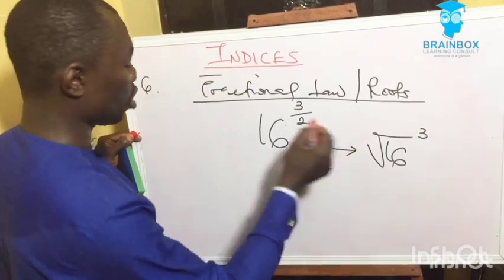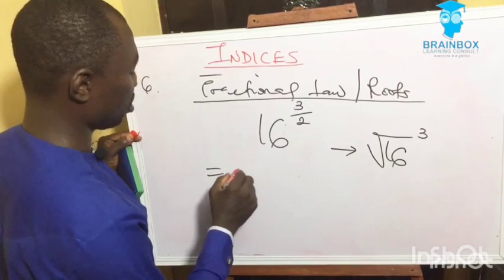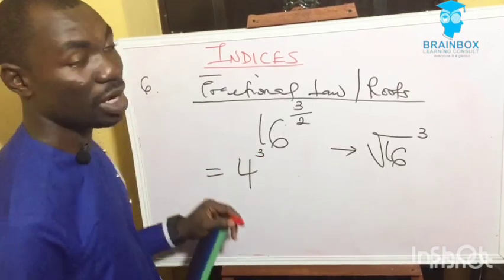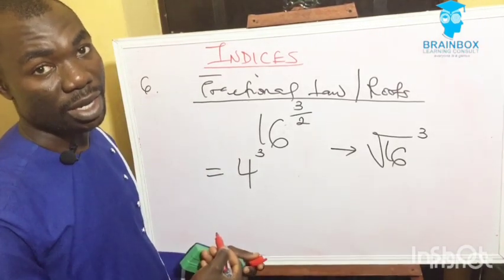That's the meaning. So what's square root of 16? That's 4 raised to the power of 3. So you can see how easy this is, right?